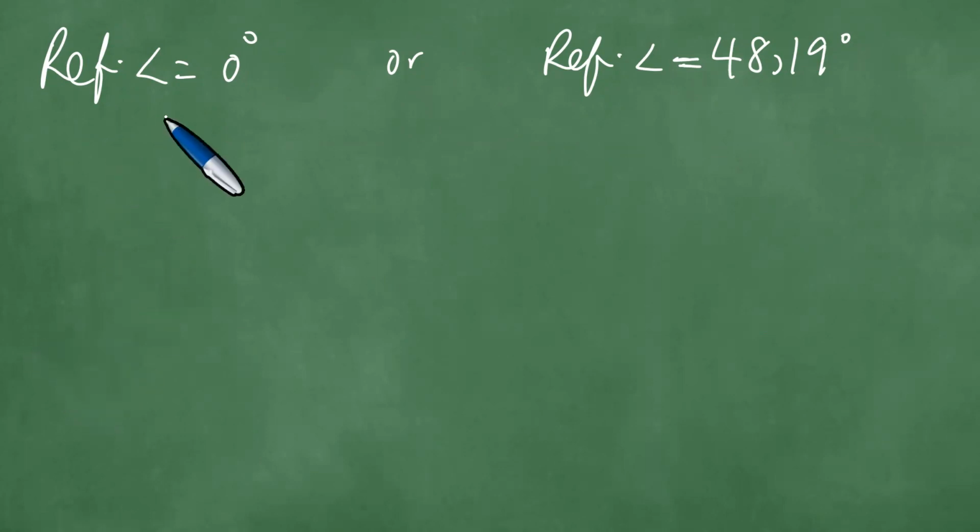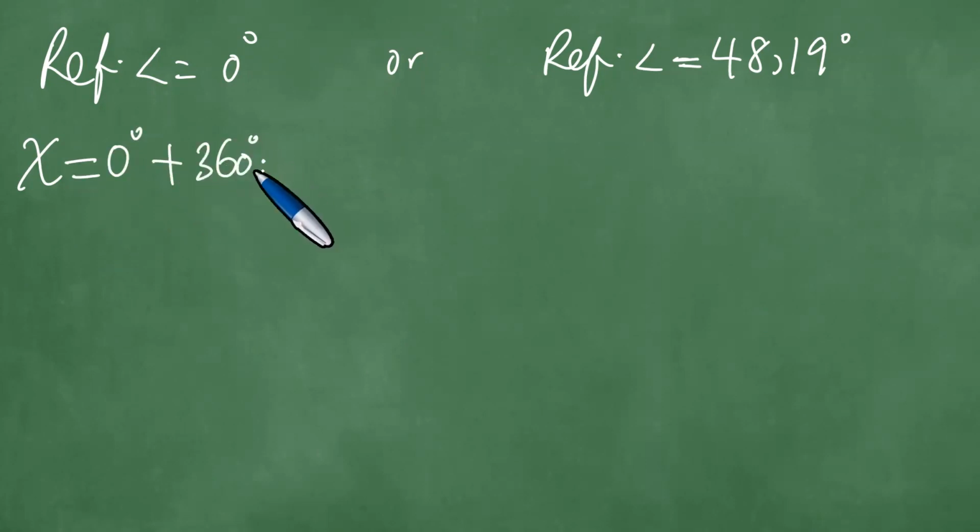What do we do now? The sine function is 0 in multiple places. So it is 0 first at 0 degrees plus 360 times k.